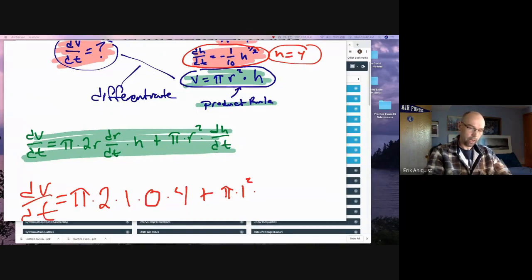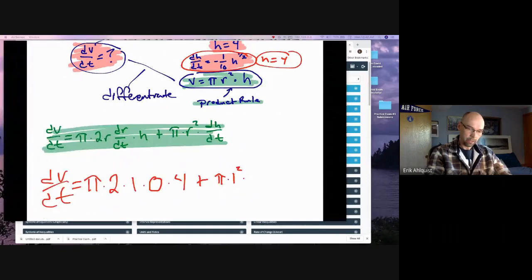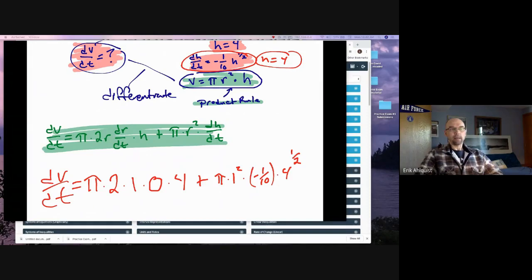So right in here for dh/dt, we can plug in, and I'm going to surround it with parentheses because of that negative. I don't want somebody to think I'm doing subtraction, times 4 to the 1/2. I don't have to simplify that. I can leave it just the way it is.